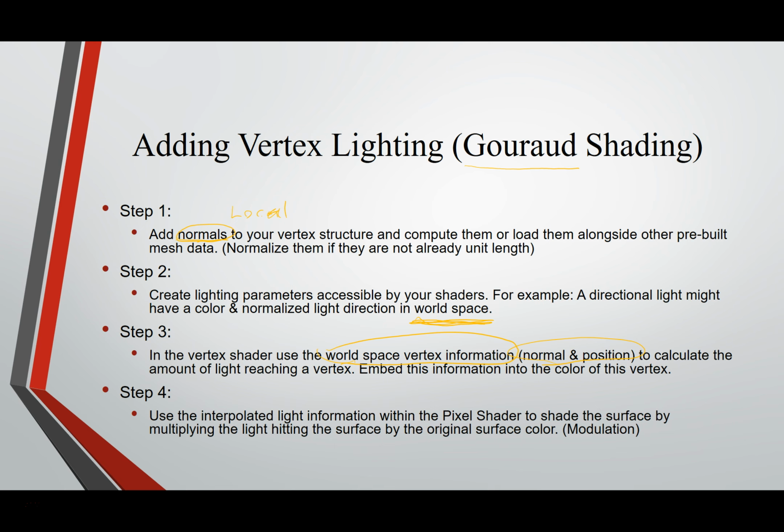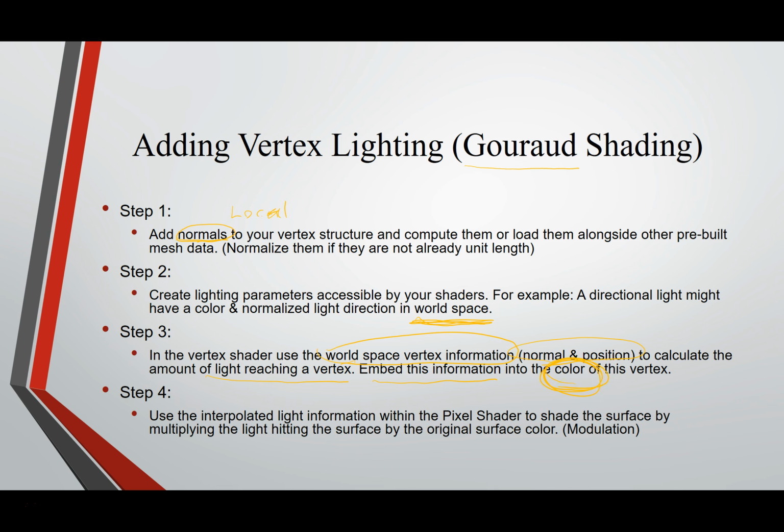Okay. So once you have all this information in world space, you can light this particular vertex using the formulas we've just discussed in this lesson. Once you've calculated the proper amount of light that should be reaching the vertex, you can store this information in the color attribute of the vertex.